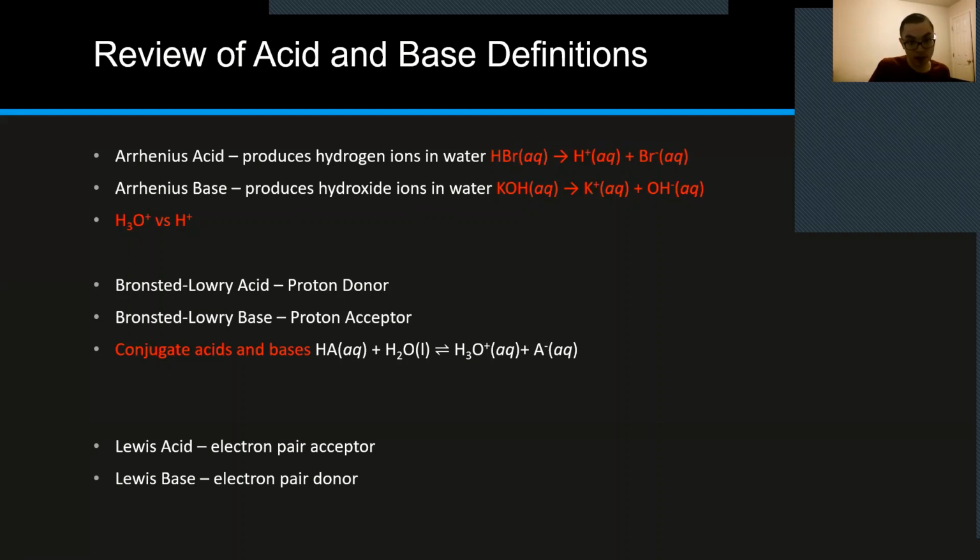The other conjugate acid-base pair is between H2O and H3O+. H2O in this reaction acts as a base. Once it gains the proton, it becomes an acid. So this is the conjugate acid to the H2O base.